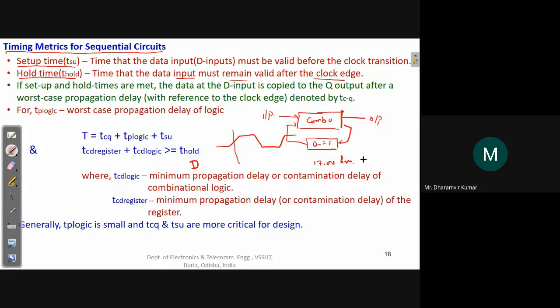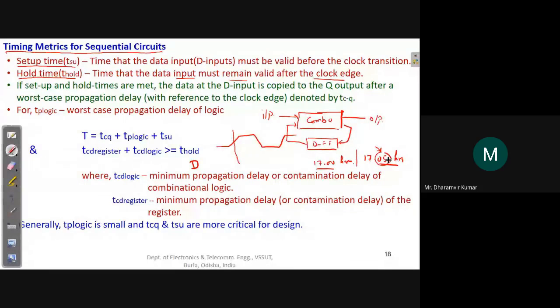But if I put a condition that students cannot leave at 1700 hours, they should wait for an extra 5 minutes, and they would be able to leave only at 1705 hours. This extra 5 minutes that I am inserting after the ending of the event can be referred to as hold time.